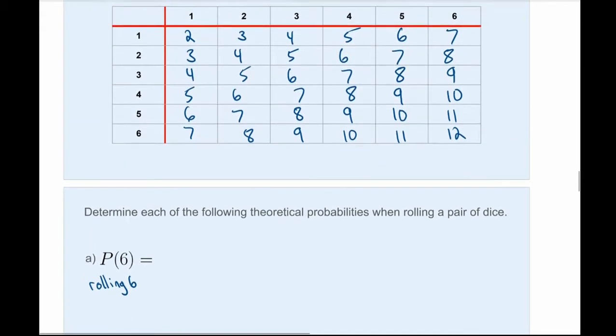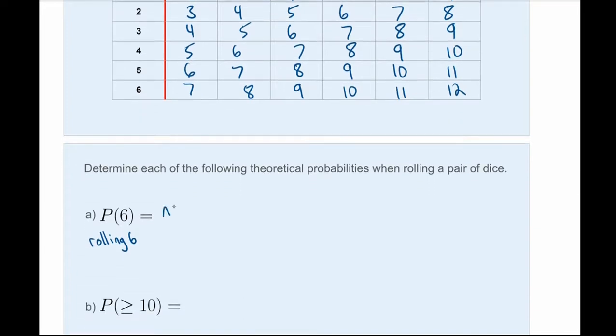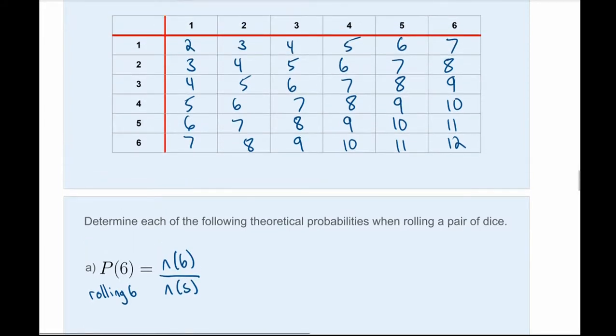So if I go back and look at this, there's a couple things I need to know. One, I need to know the number of times 6 can occur, and two, I need to know the set of outcomes, or how many outcomes I have. The easy one to figure out first is the number of times 6 occurs. I look through my chart, I see that 6 occurs 1, 2, 3, 4, 5 times. So 6 occurs 5 times.